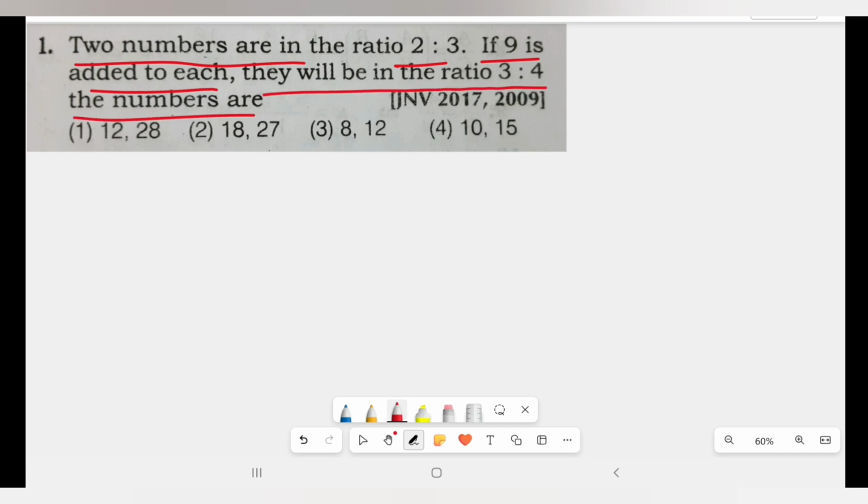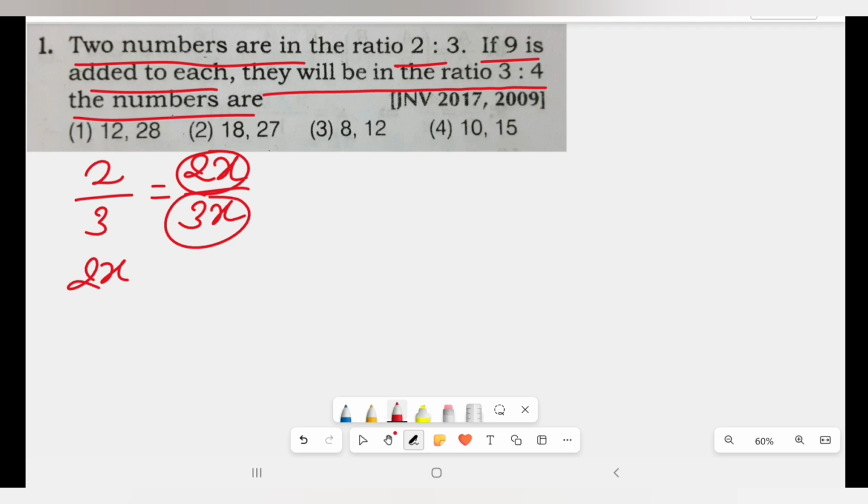Let us say the two numbers in ratio 2 by 3 are 2x and 3x. If 9 is added to them, we get 2x plus 9 and 3x plus 9, and the ratio becomes 3 divided by 4.